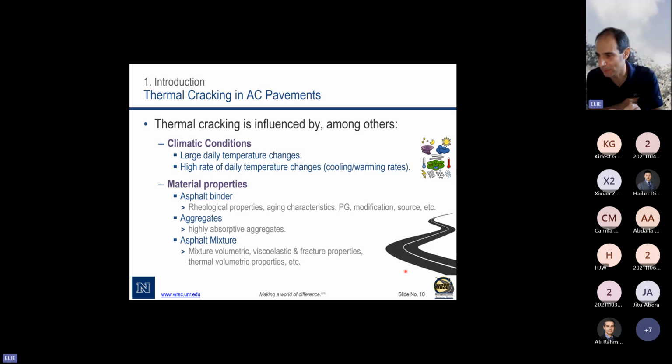It actually doubles. So that's a 6 degrees C increment. So imagine between the daytime and the nighttime peaks, you have over 10 degrees C difference. What's going to happen to the stiffness of your binder? It's going to be more than double. So it's not only about how low it is, but what the rate is.